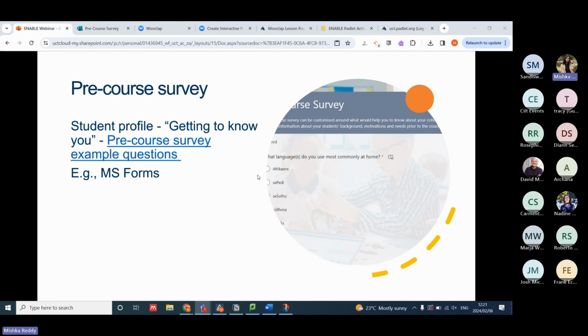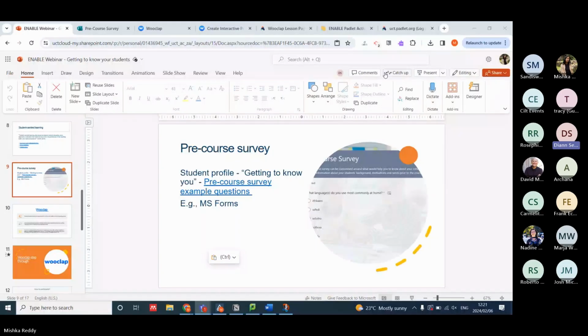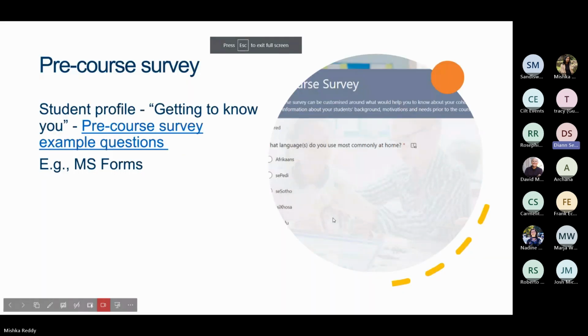Can I just, sorry, Mishka, I meant to mention this, so I'll just add it here. I think it's also very important for teaching teams to remember that when we are thinking about really and truly being inclusive in a course, we do need to consider everybody. So doing something like this would, depending on the types of questions that you ask, help.